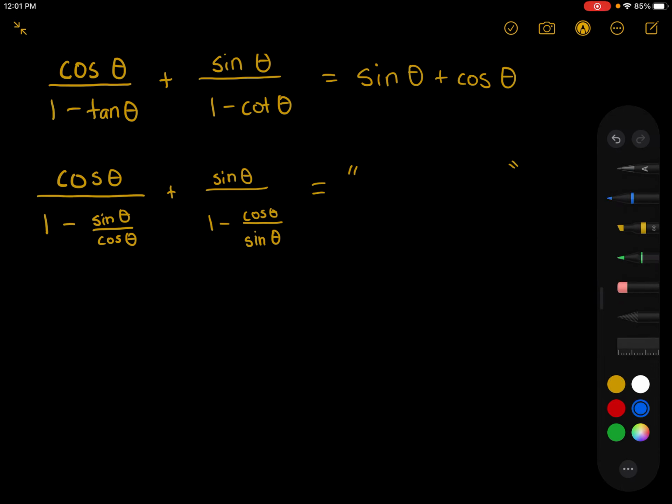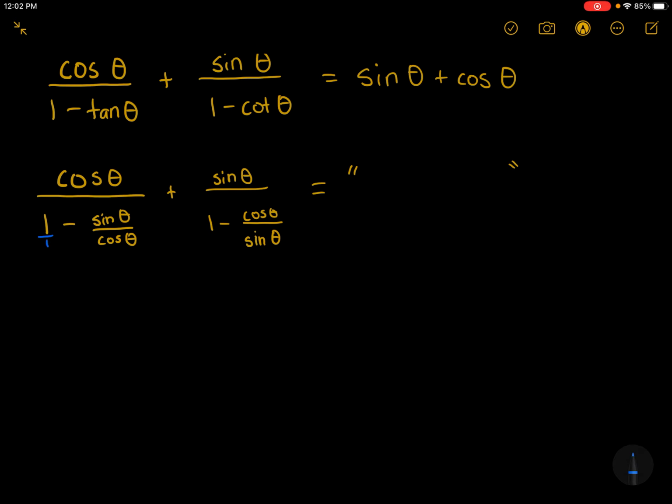And so next, we're going to do the same trick of getting a common denominator. So for this one, that's 1 over 1, right? So we're going to multiply by cosine theta over cosine theta. And for this one, we're going to multiply by sine theta over sine theta. That's how we're going to get our next step.